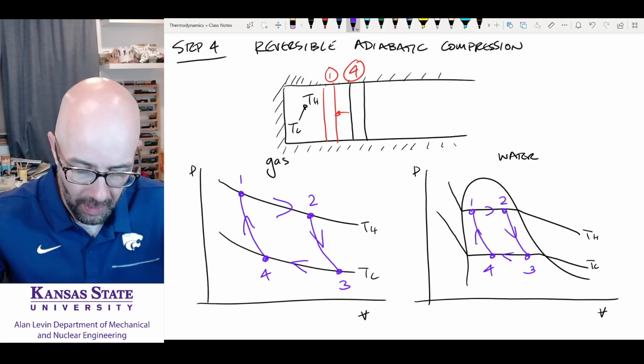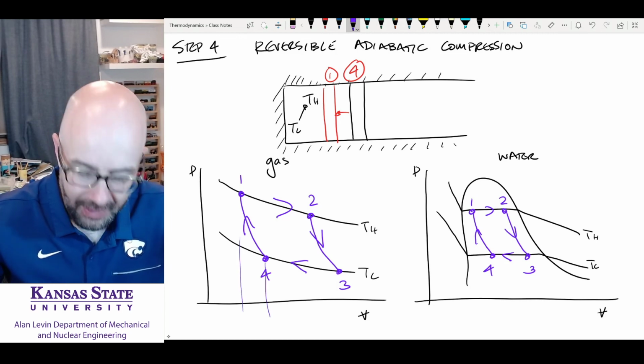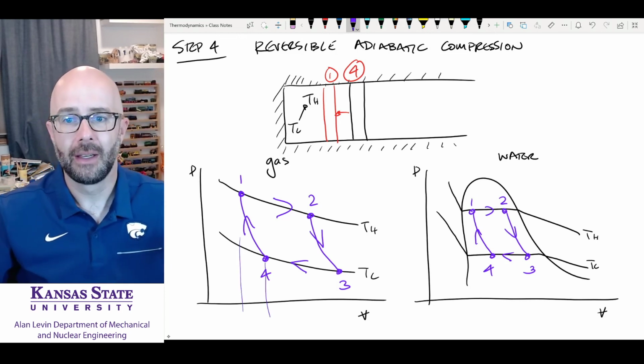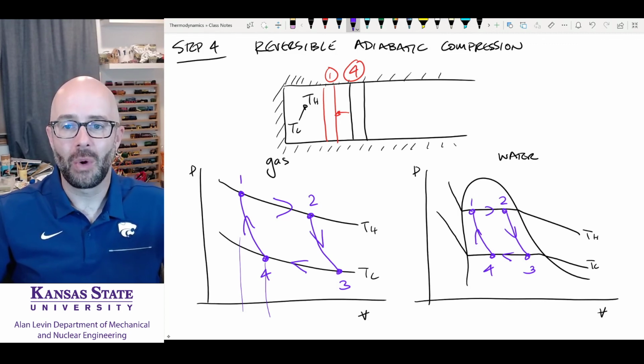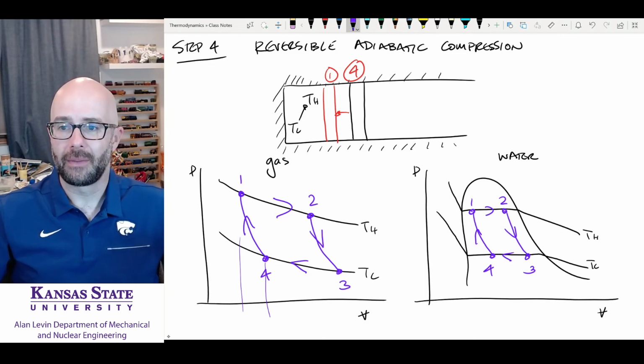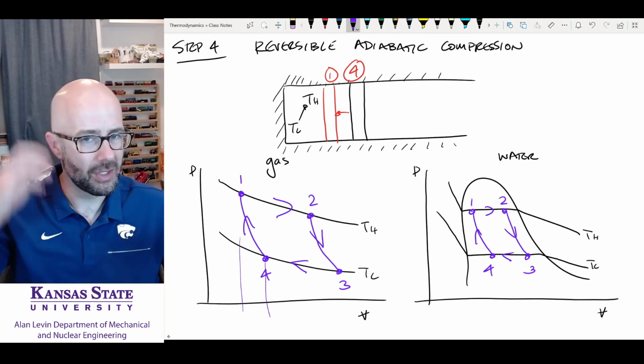Okay, it's important that you see that between 1 and 4 there is some compression happening. I'm going to be very picky on 4 being to the right of 1 and 3 being to the right of 2. That is very important here. This is how the Carnot cycle looks on a PV diagram. That's how we typically draw them.